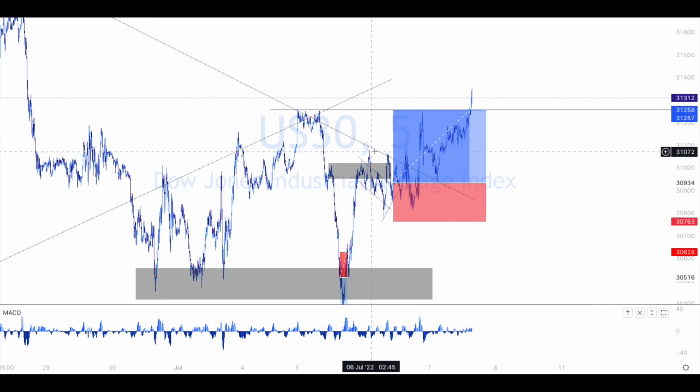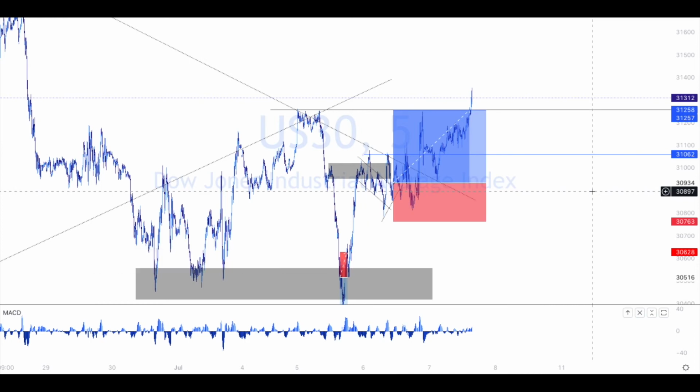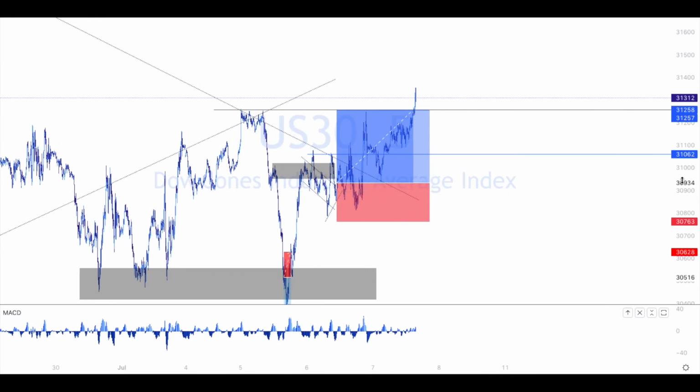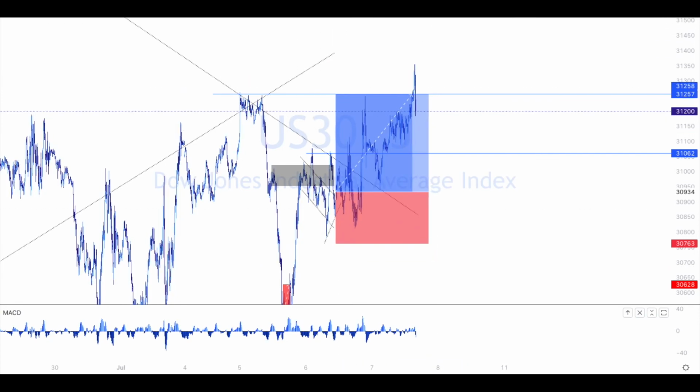And we're going to recognize this level over here. So we're just going to use these two levels for now, just to give us an idea of what the future might look like. Okay. So let's hit play. Let's see what market does.